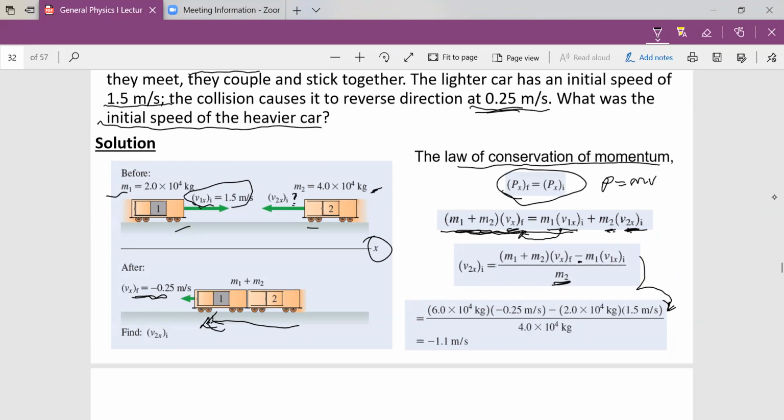So we'll have the sum of the two masses, 2 plus 4, which is 6 times 10 raised to the power 4. Then we'll have the v final. Remember, it is important to know the direction, because the direction in the question was not given to us as minus, but from the presentation we can see the direction.